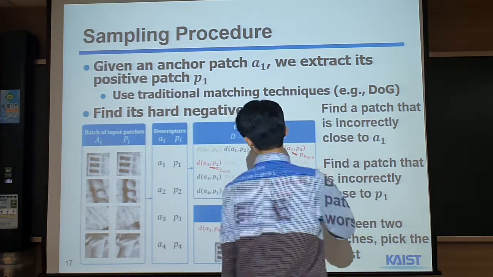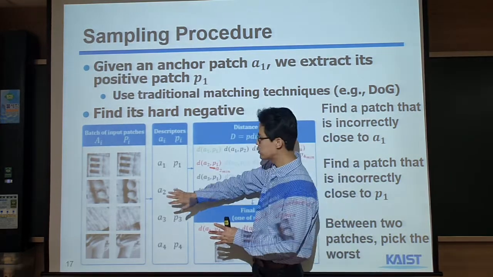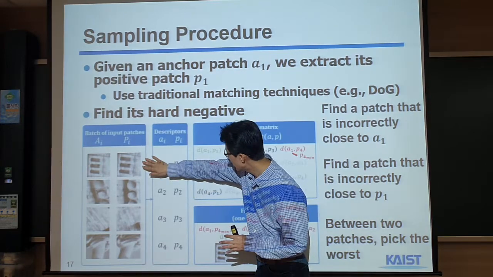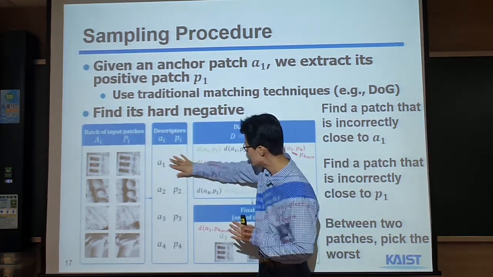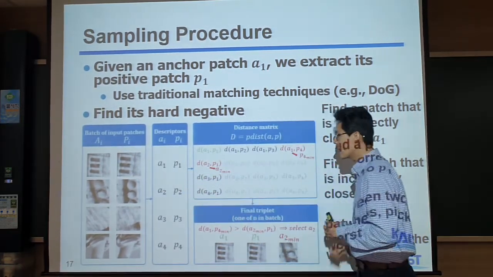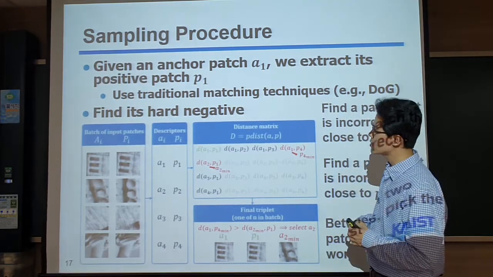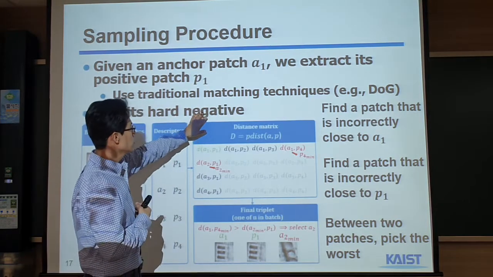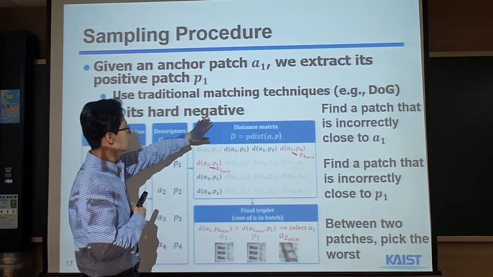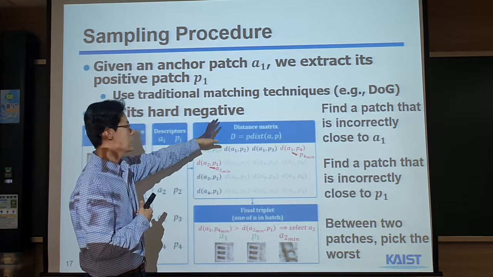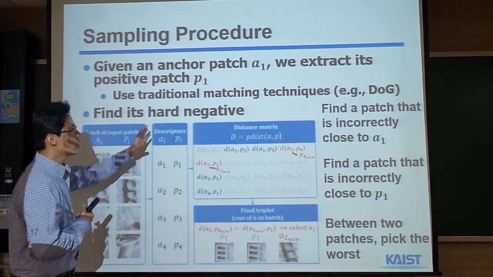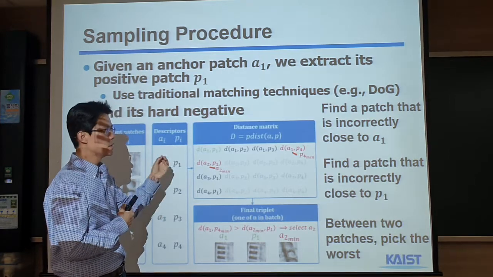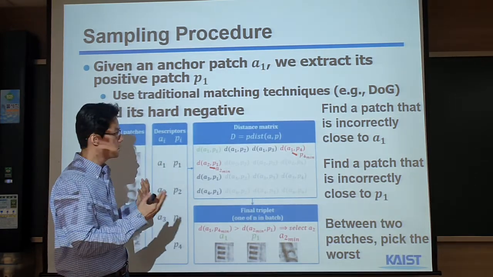You can see that there's no relation between the first patch and the second patch, and so on. To design this triplet loss, they want to identify the hard negative, which means a patch that does not match the anchor but somehow shows very high similarity, meaning a very low distance.